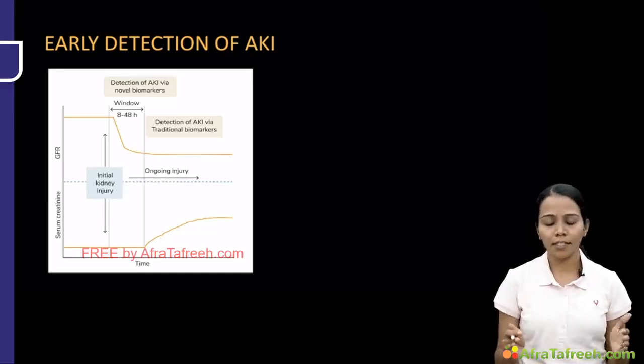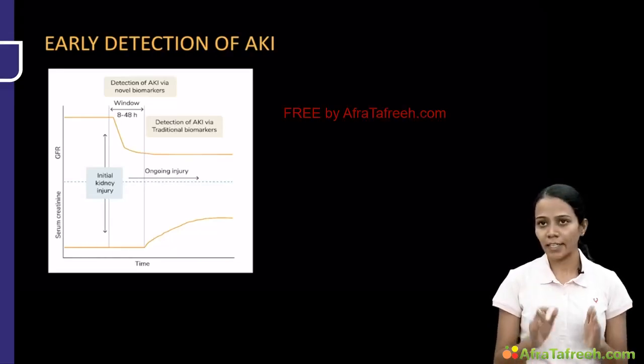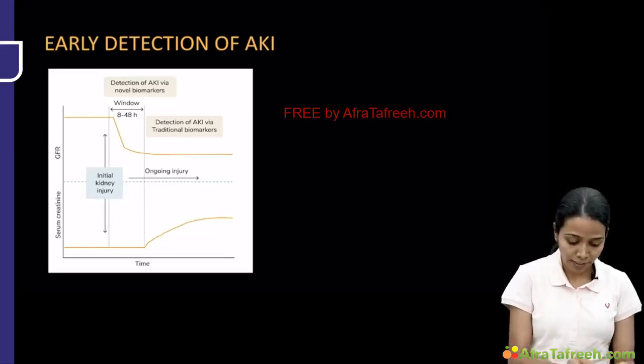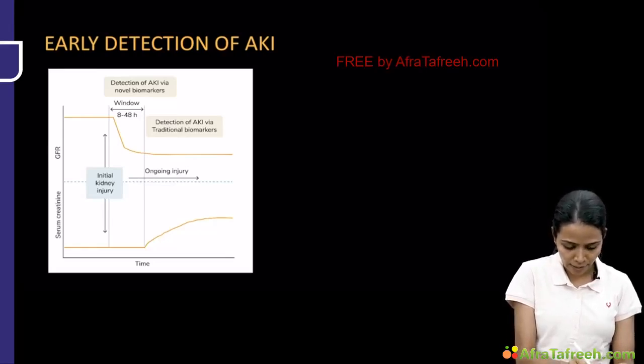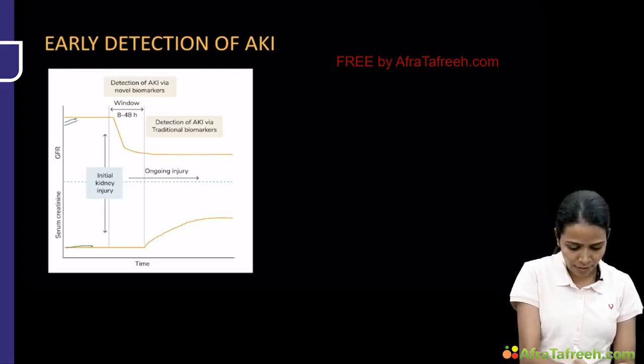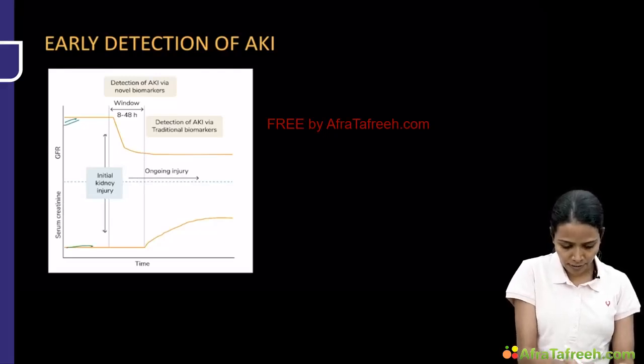Okay. Now, next coming to early detection of AKI. So we must all be thinking that monitoring serum creatinine or urine output must help us in detecting AKI early, but that is not true. If you look at this graph, you'll know the fact. Okay. So if you see here, this is the serum creatinine and this is the GFR. The initial kidney injury has started and the GFR has started declining.